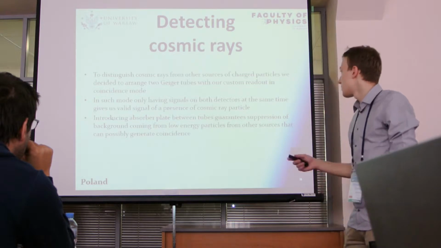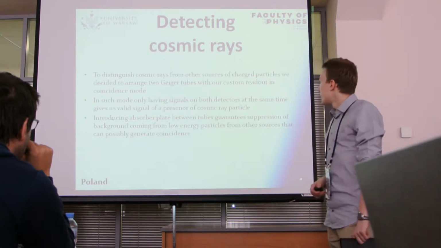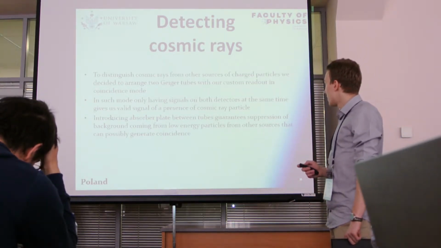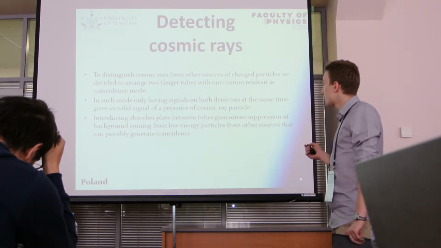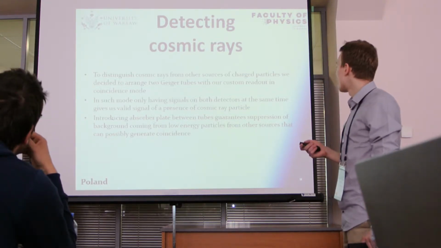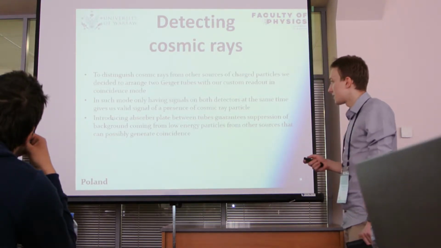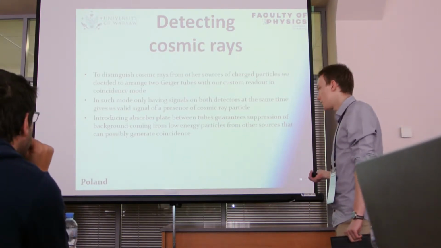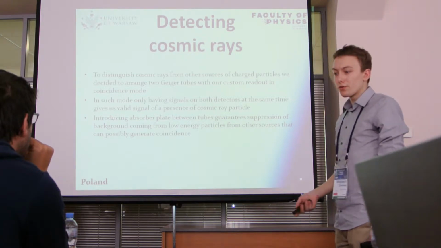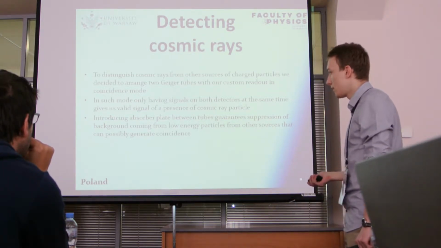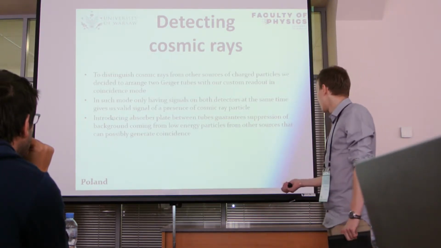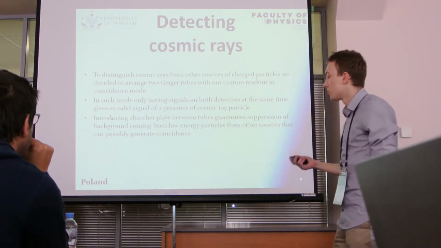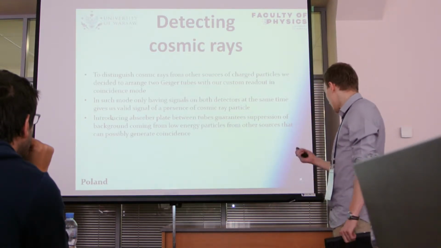Introducing an absorber plate between the tubes guarantees suppression of background coming from low energy particles from other sources that can possibly generate coincidence. For example, it could be natural radiation of radon or radiation of some isotopes from walls, and so on.